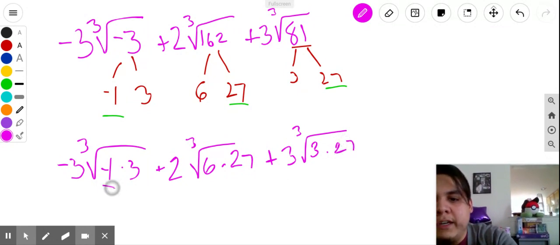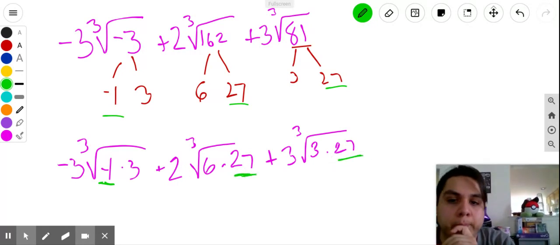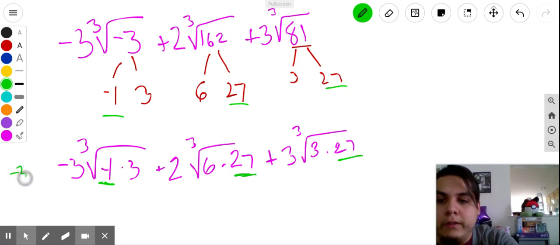Each of these numbers I'm underlining right now in green are the cube roots that I can take out. So the cube root of negative 1 is negative 1. This negative 3 is going to multiply by that cube root of negative 1, so it's going to produce a positive 3 cube root of 3.